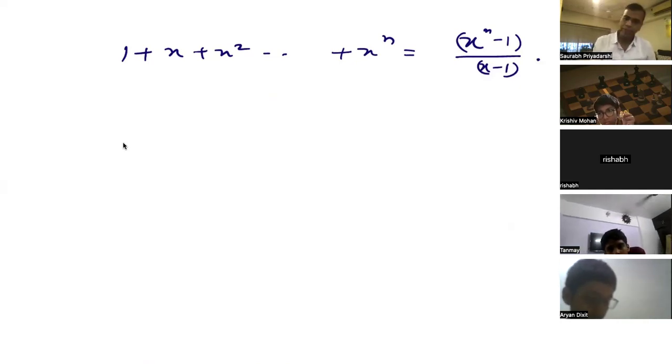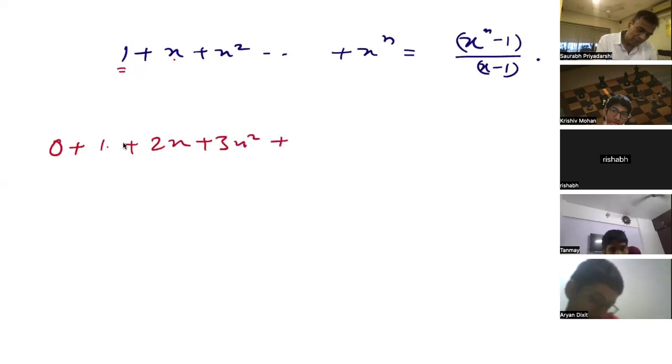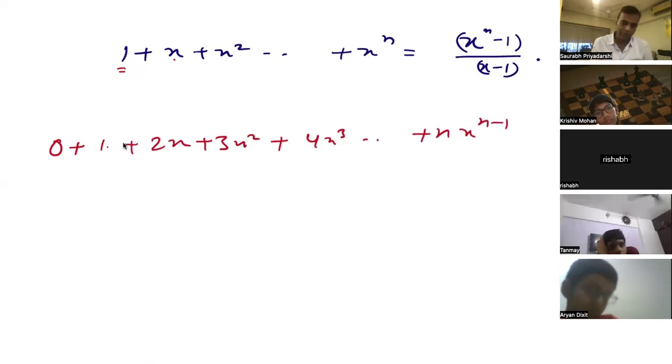What I'm saying, differentiate this. The differentiation of 1 is 0. Differentiation of this is 1. Then 2x plus 3x square plus 4x cube up to n x to the power n minus 1.